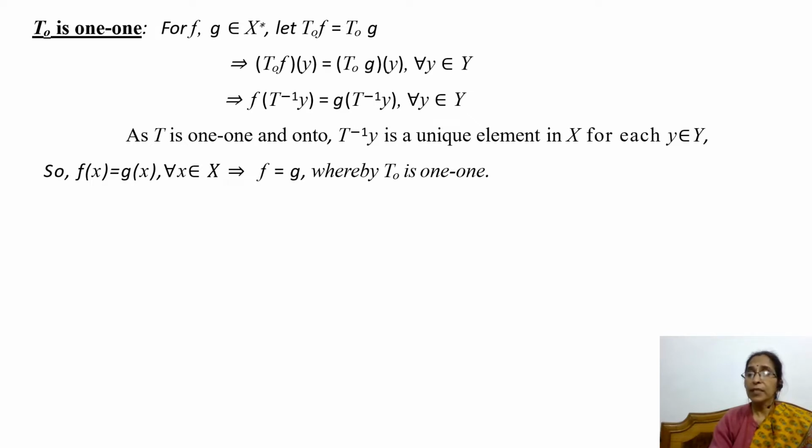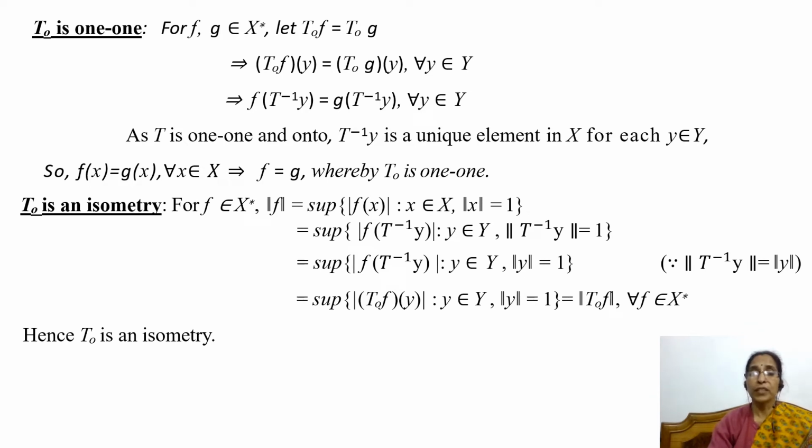And so we can say that T naught F of y is equal to T naught G of y for every y in Y. And so by definition of T naught, we have F of T inverse of y is equal to G of T inverse of y for every y in Y. As T is 1-1 and onto, T inverse y is a unique element of X for each y in Y. So we can replace T inverse y by x, and so we can say that F of x is equal to G of x for every x in X. And this implies that F is equal to G, and so T naught is 1-1.